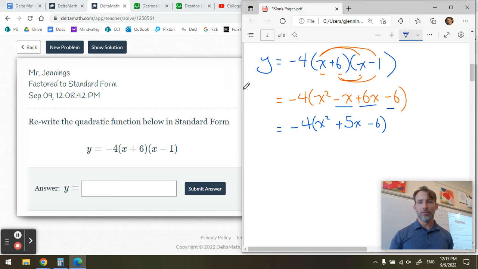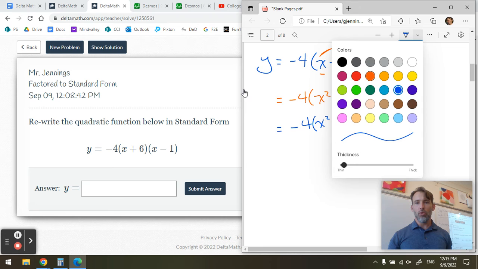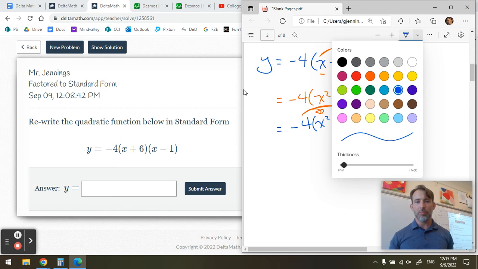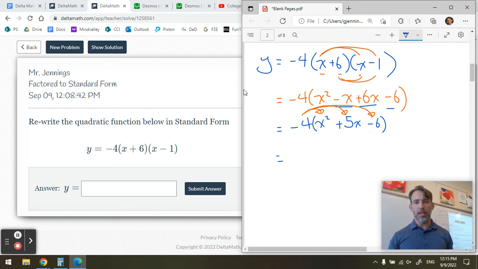And now, this -4 here can get distributed in as well. Multiplying every term inside that bracket will be the last step of this problem. So I will be left with -4x squared minus 20x. Remember, we predicted a negative value of b.